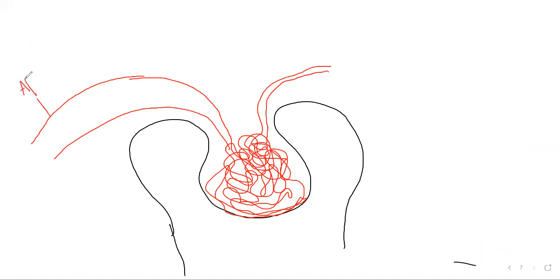Efferent arteriole. Do you find any difference between the diameter of the afferent arteriole and the efferent arteriole? Yes, the afferent arteriole diameter is comparatively larger compared to the efferent. There is a diameter difference.